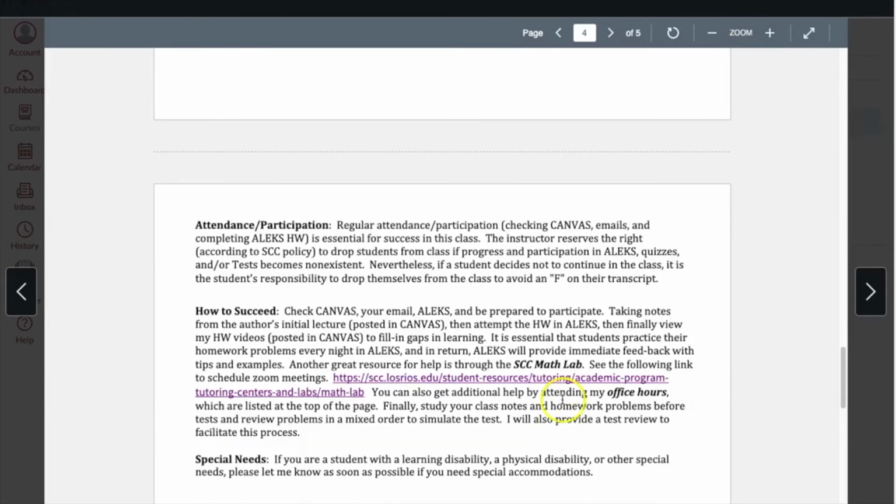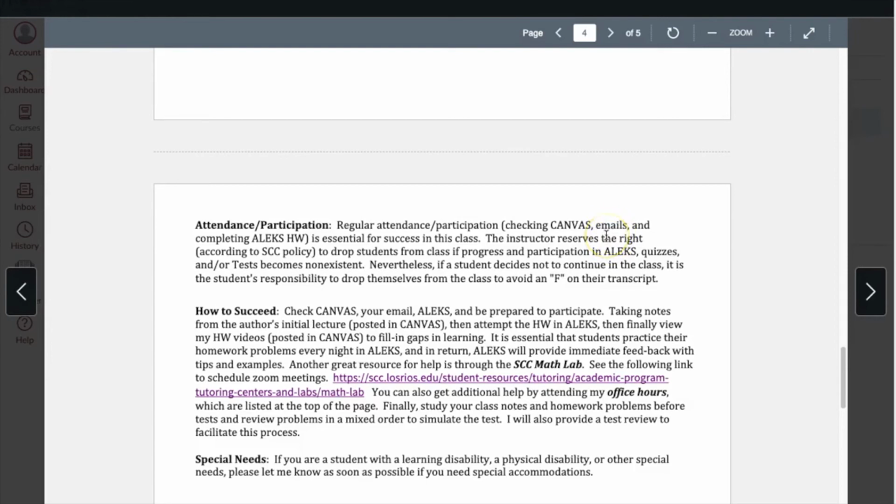Okay, so attendance and participation are essential. Checking Canvas and emails. The email that I sent, that first roll call email, went to the email that's on file for your e-services through Sac City.